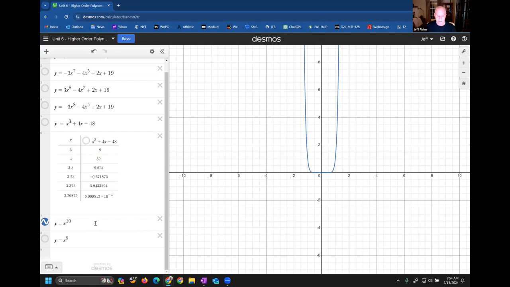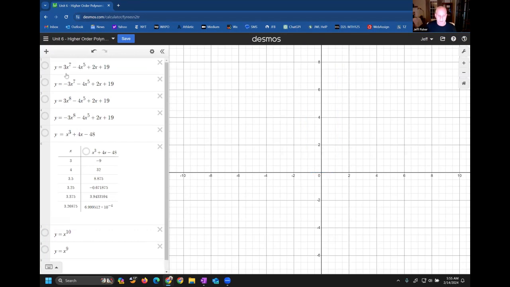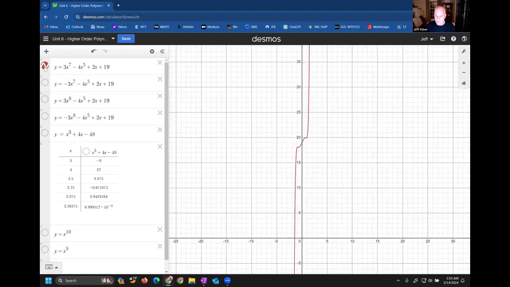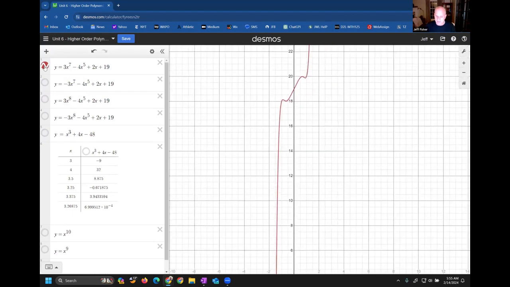Let's take a look at these versions of graphs up here, whose higher order terms are 7 and then 8. Okay? Now, we looked at the first one already, and we see that it goes up on the left and up on the right.